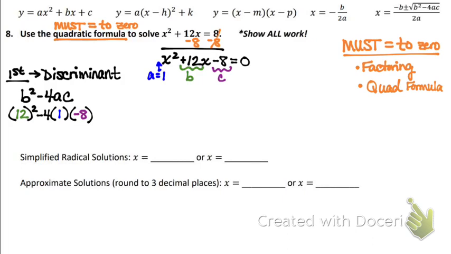What do we get when we type this whole thing in? Got to use your parentheses. 176. This part goes under the radical.